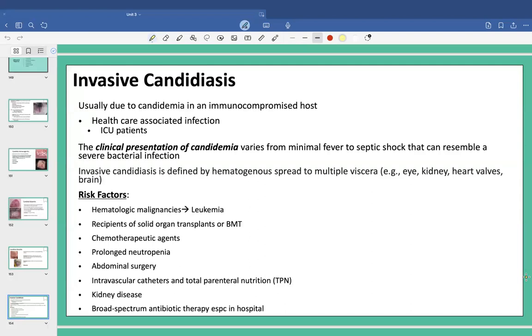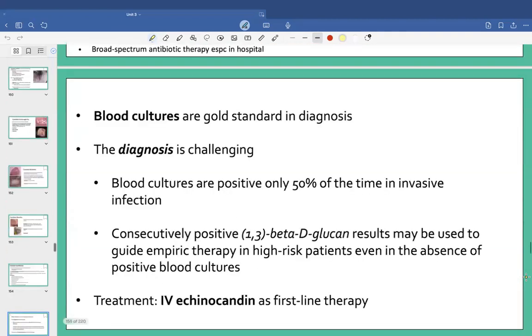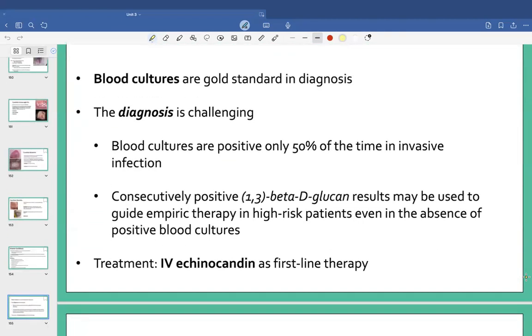The standard in diagnosis is a blood culture, but the diagnosis is challenging because the blood culture is only positive in 50% of patients. So some of those deep-seated infections are gonna be missed. It's not an easy thing to diagnose.